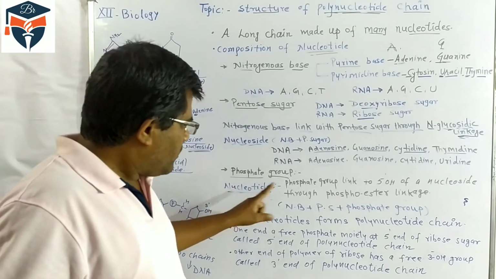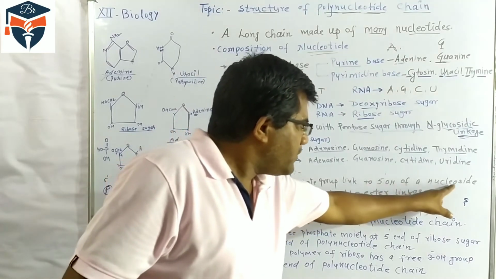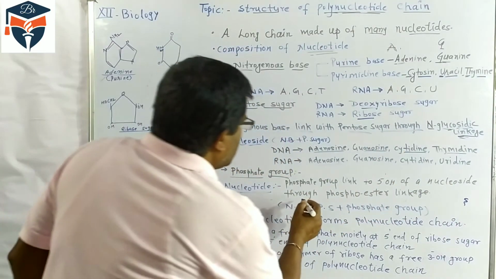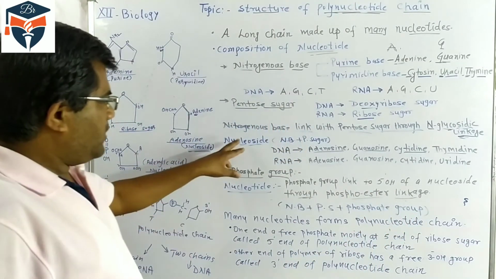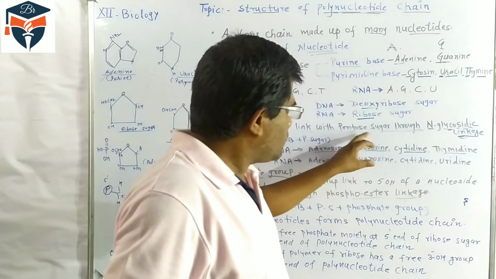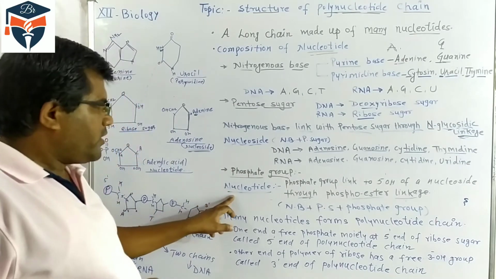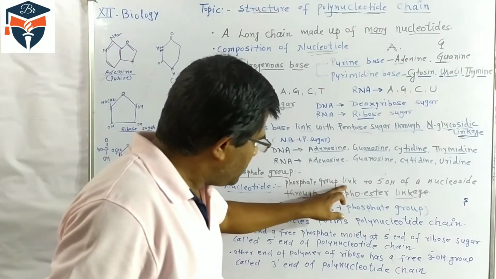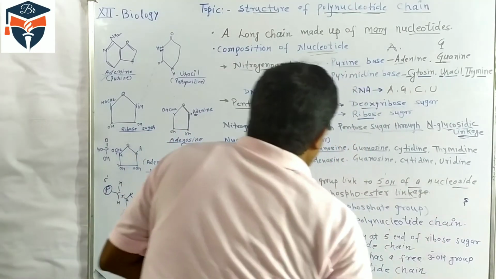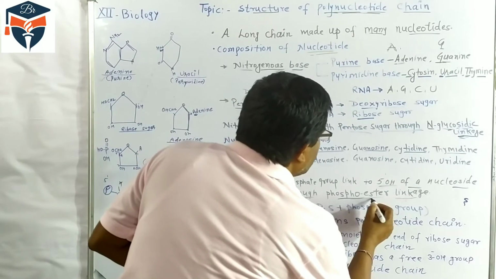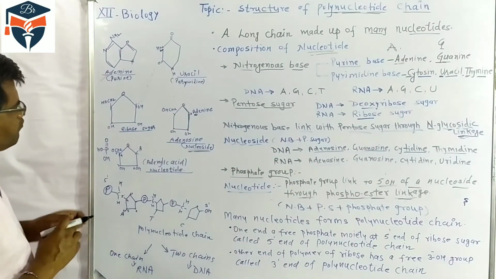When a phosphate group is linked to the 5th hydroxyl group of a nucleoside through phosphoester linkage. Between the nitrogenous base and pentose sugar there is a glycosidic linkage. But in a nucleotide you will see the phosphate group linked to the 5th OH of the nucleoside through phosphodiester linkage.